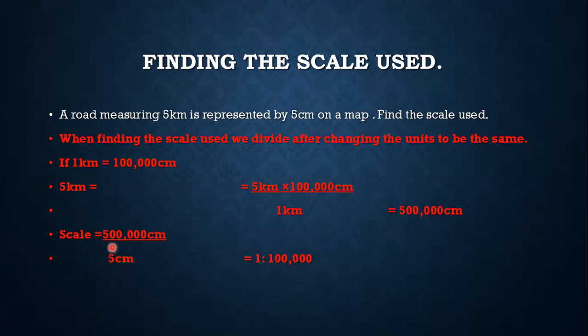So your answer is 1:100,000. In ratio form, make sure you always start with 1. It means that 1 centimeter represents 100,000 centimeters on the ground. Let's check another example for us to understand better.